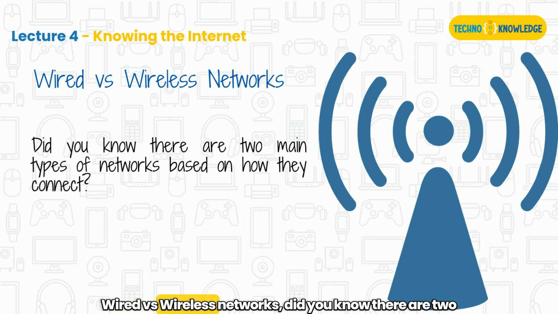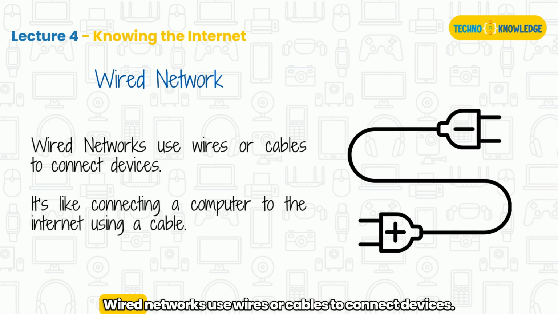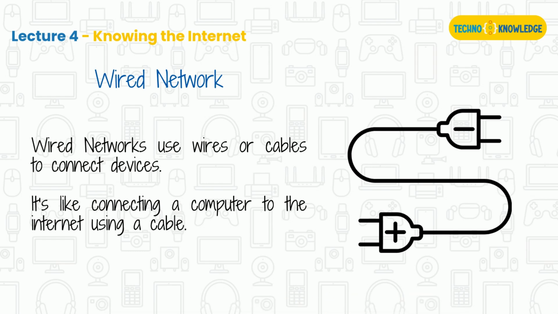Wired versus wireless networks. Did you know there are two main types of networks based on how they connect? Let's compare them. Wired networks use wires or cables to connect devices. It's like connecting a computer to the internet using a cable.